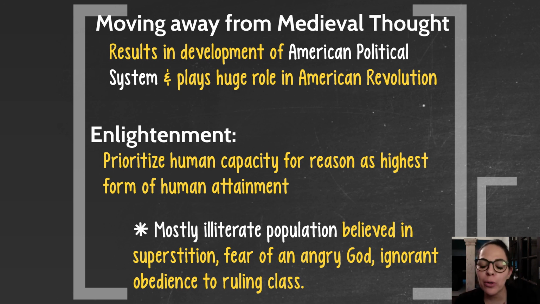So if you remember when we were talking about feudalism and how European society had been developed, the structure that it had, right? At the very bottom were mostly peasants who were illiterate, who were superstitious, who feared an angry God, and they lived their life that way.